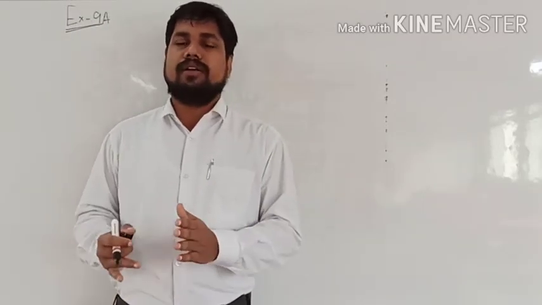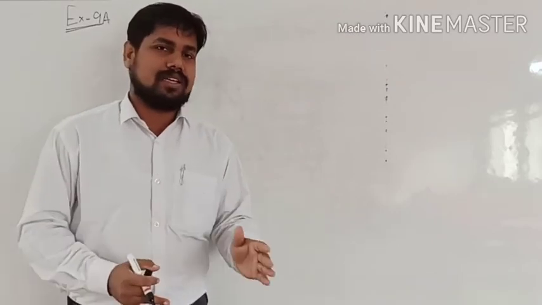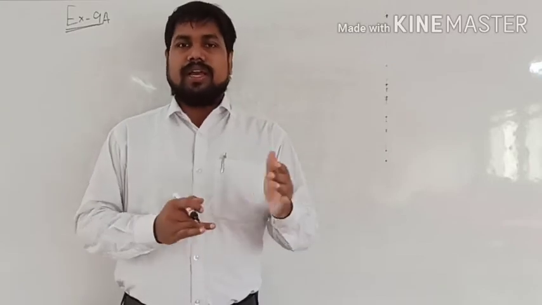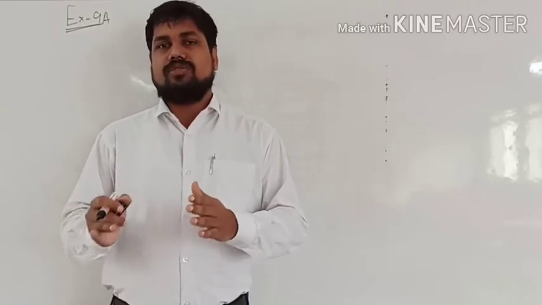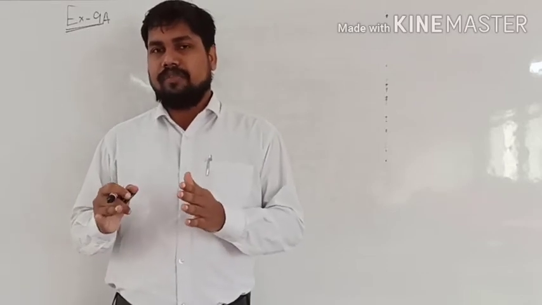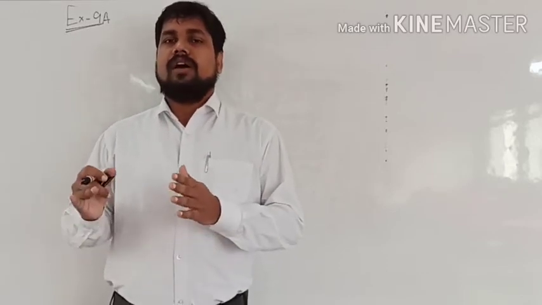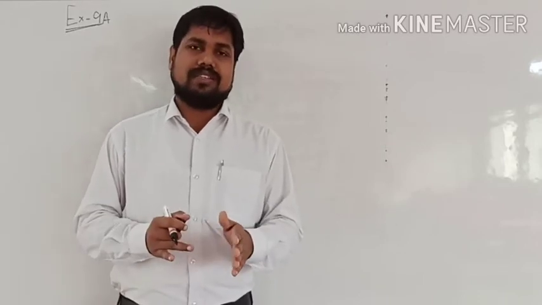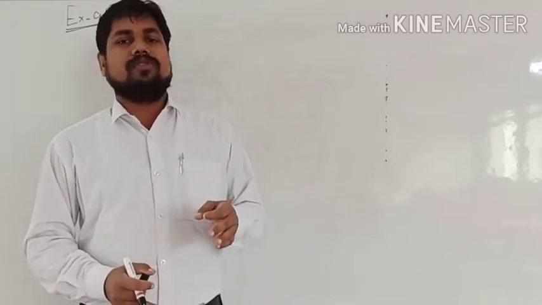So in our previous class, we discussed how to convert one unit to another: fractions, percentage to decimal, decimal to percent, fraction to percentage, then percentage to fraction. Those all types of calculations we have done in our previous classes. With the help of that, we have done up to question number 10.